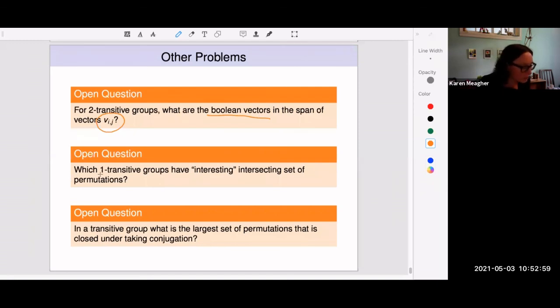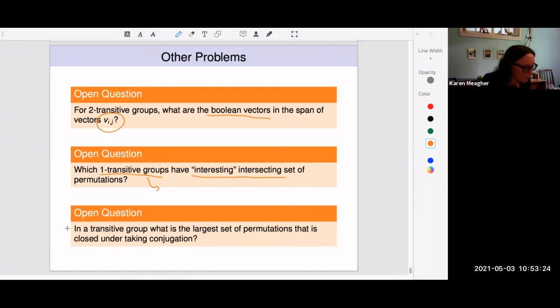If we're holding on to a one transitive group, what sort of interesting things can happen? And I think Sarah Bhattacharya Razafimahatratra, who I think is speaking on Wednesday, has some really interesting things that can happen. I'm looking for something really weird where the largest intersecting sets are not anything you'd predict easily.